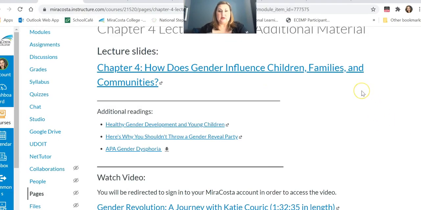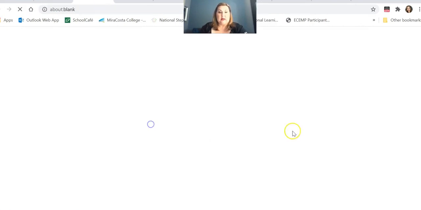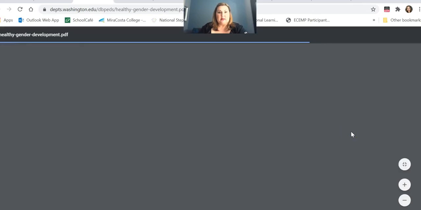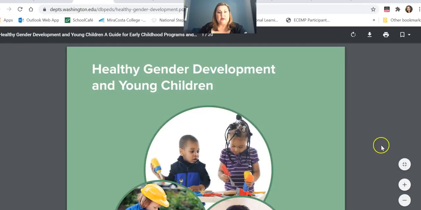So really take your time going through the chapter, read the chapter, then go through the slides, because I have additional information there that has to do with what was brought up in the chapter. And I have 3 additional readings, and I know it's a lot for an 8-week class, but I think it's really important that you become familiar with the stages of gender development, because for many of you, this is your first child development course.